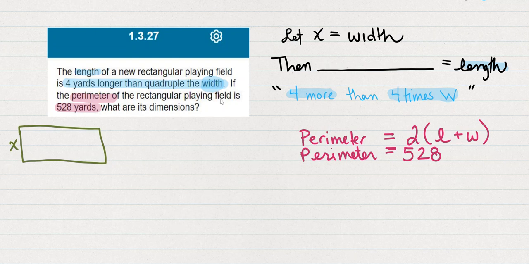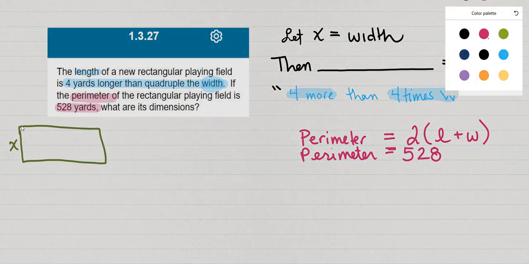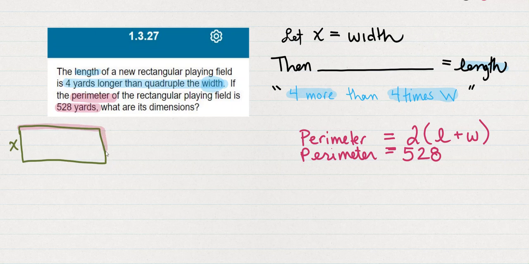We know a little bit more about this problem. The perimeter means the measurement around. If I were to trace all the way around the figure, walking the perimeter of the field, I'd walk the length, then the width, then the length, then the width. We're told that the perimeter is 528 yards.